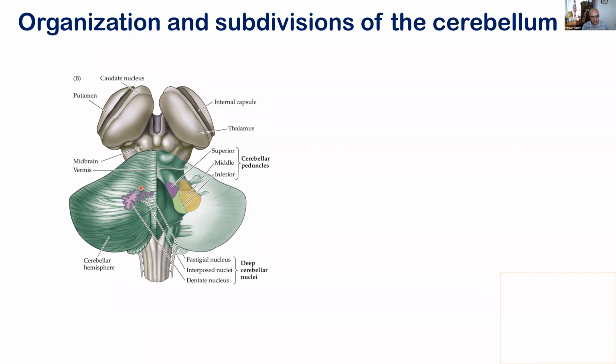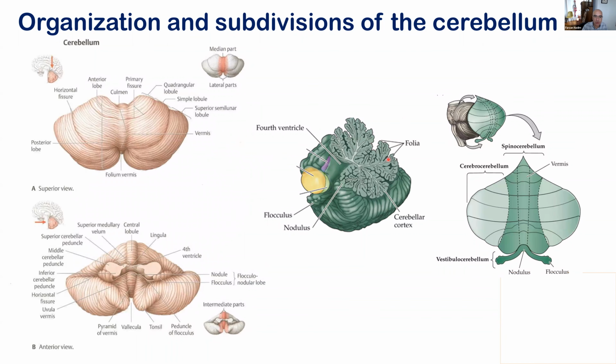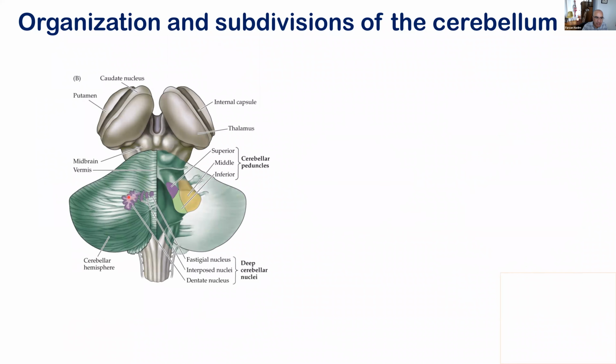In the center of the cerebellum, remember I told you that there's a cerebellar cortex, and maybe I should go back here and point this out. If you go interior from the cerebellar cortex, there is white matter, and in the center of that white matter, you have a set of nuclei known as the deep cerebellar nuclei.